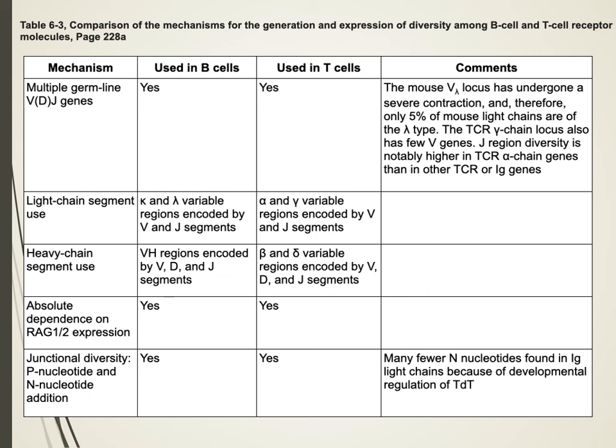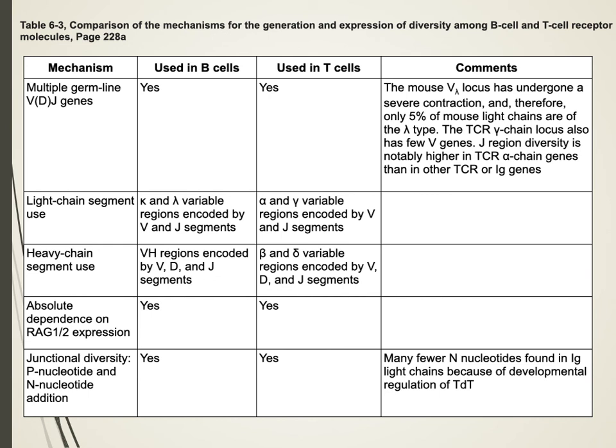So when we look at these gene segments, they're present in both T cells and B cells. We have light chain segments in B cells, which would be our kappa and lambda, that only have VJ. Similarly, we have chains that only have VJ in T cells, and that would be alpha and gamma.